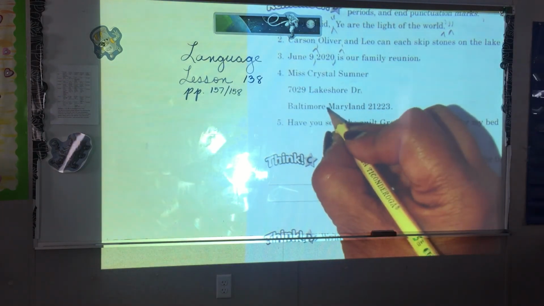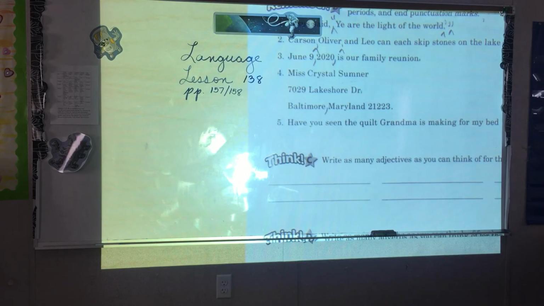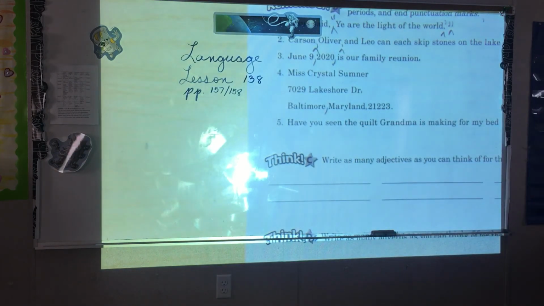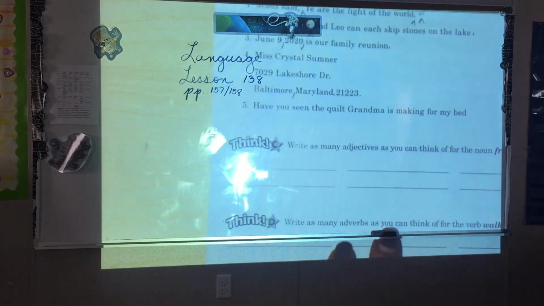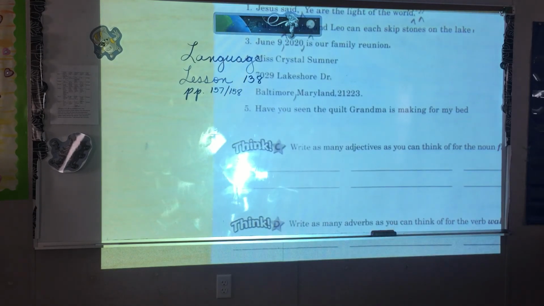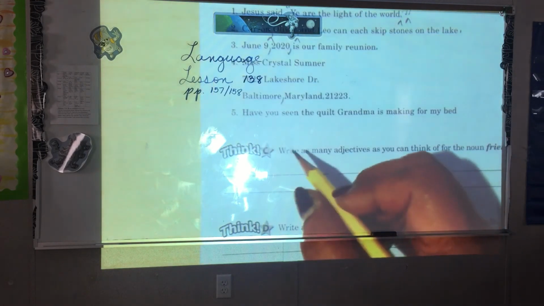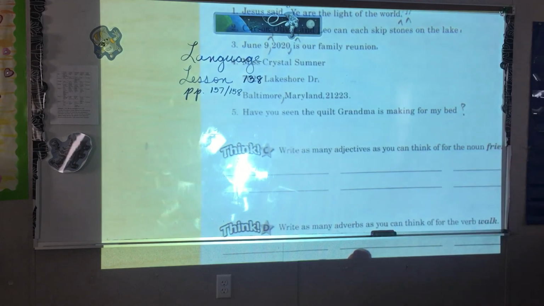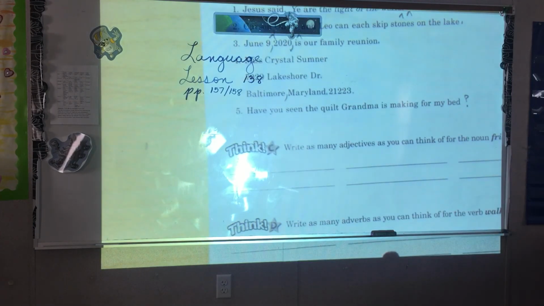Baltimore, which is the city, comma, Maryland, period. 21223. Have you seen the quilt Grandma is making for my bed? For my bed is a question. Nothing else in the middle.